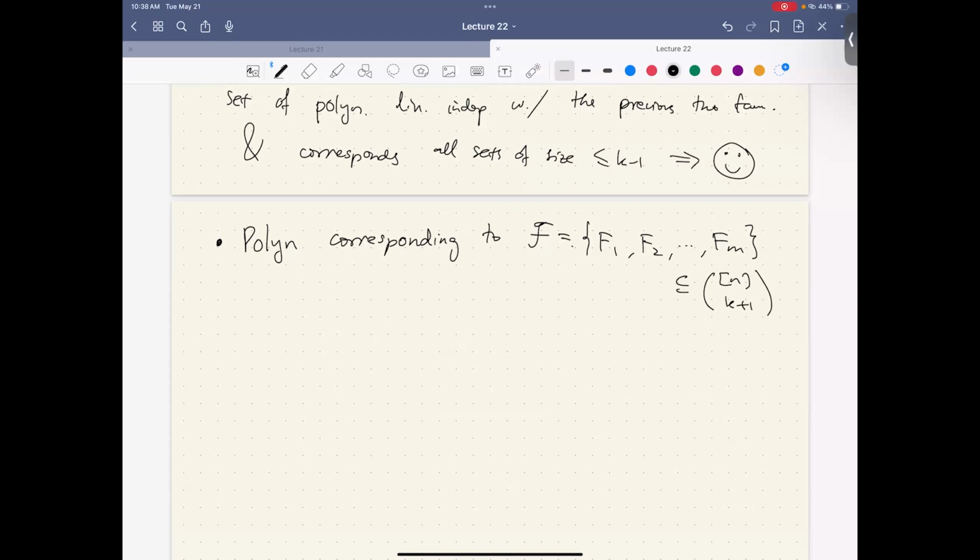Now, let's write Ai to be the short form for the characteristic vector of the i-th set in our family, and Bi to be the characteristic vector of its complement.